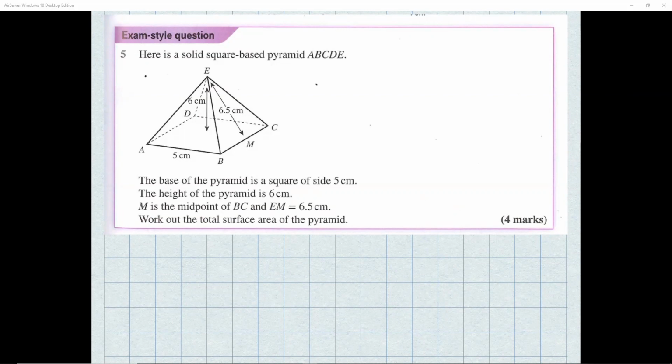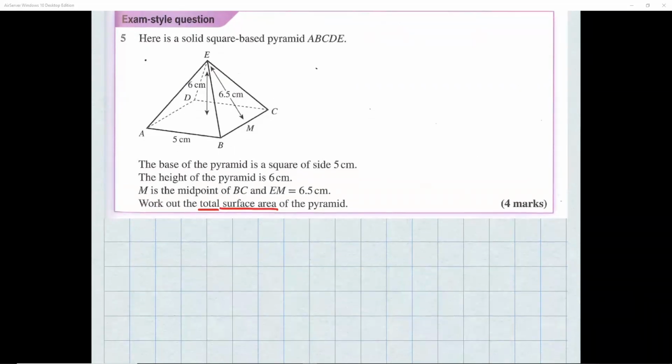Okay, lovely. So this question is to do with what? The surface area. The total surface area. Now, break the question down for me. If you broke the pyramid down into its components, which components would you have? So do we have a base by any chance? Yeah. Okay, base.